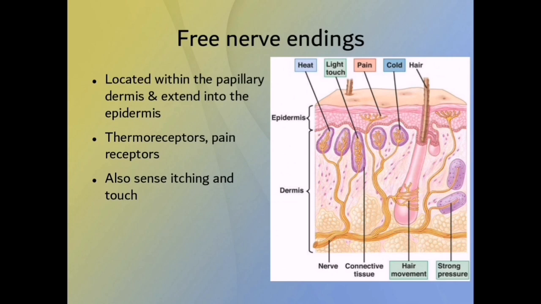Free nerve endings are located within the dermis, but they can penetrate through the basement membrane and enter into the epidermis, where they function as thermoreceptors, pain receptors, tactile receptors, and they also sense itching. You can see them here in this picture. Some free nerve endings are within the epidermis, and some are within the dermis.